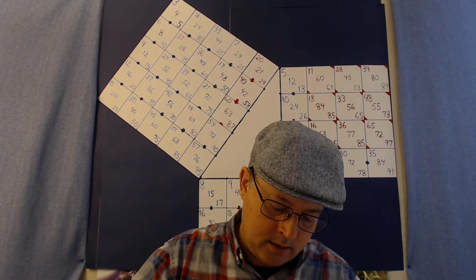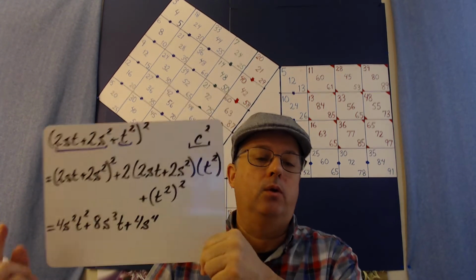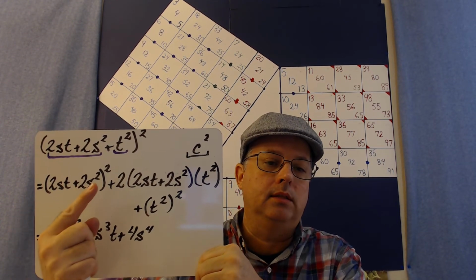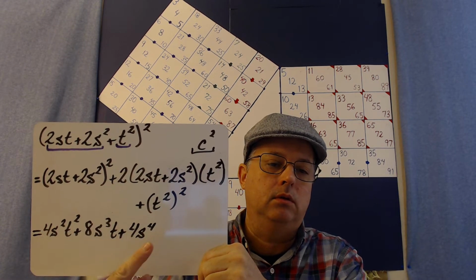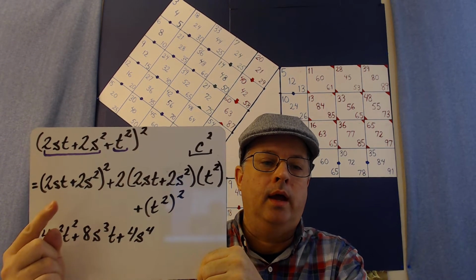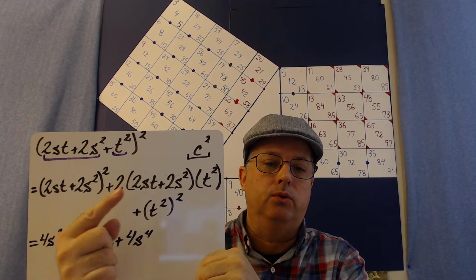So we'll have 4s squared t squared plus 8s to the third t plus 4s to the fourth. Okay, so that's what we get when we take this expression here and square it. We get this one.